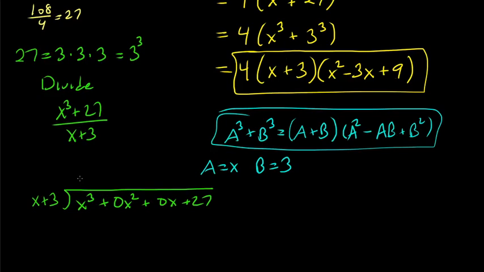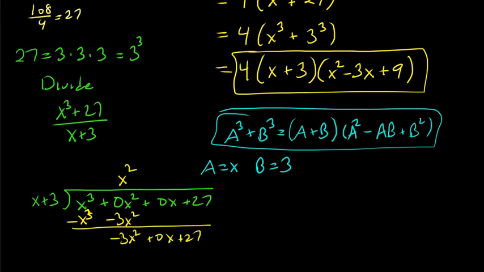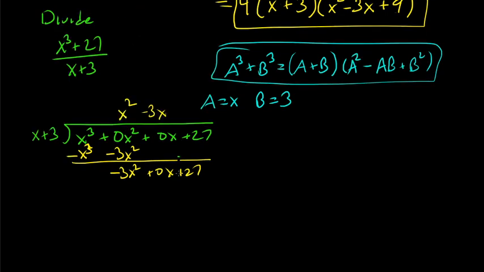So you end up with what? X squared, and then, x cubed plus 3x squared. When you subtract, you get negative 3x squared plus 0x plus 27. So now when you divide negative 3x squared by x, you just get negative 3x. And when you multiply by x, you get negative 3x squared, and then negative 9x.